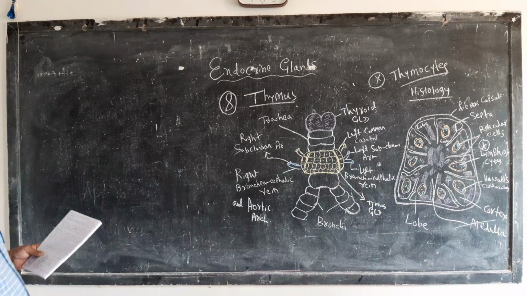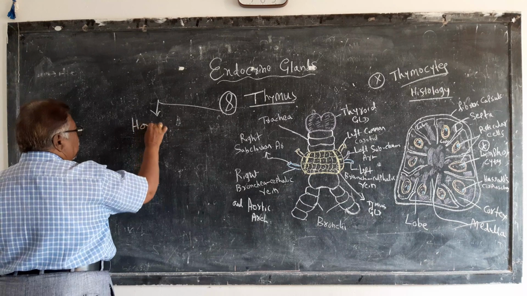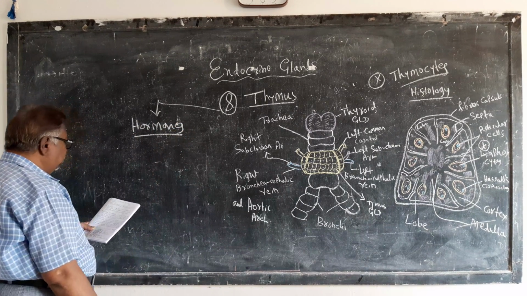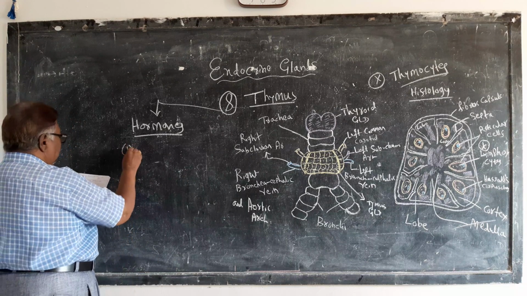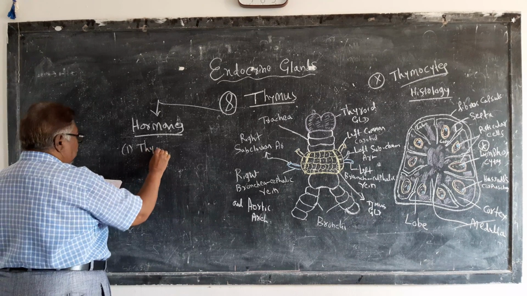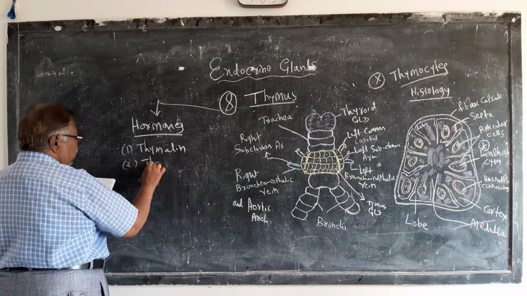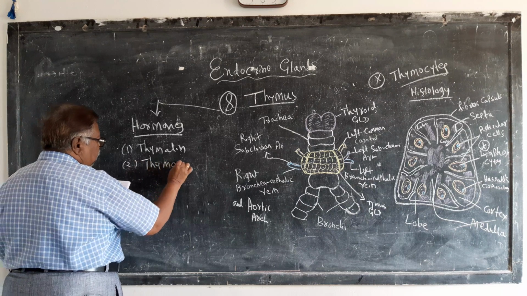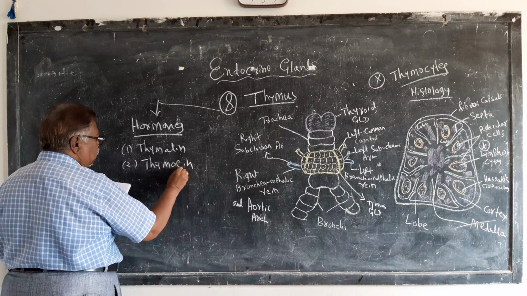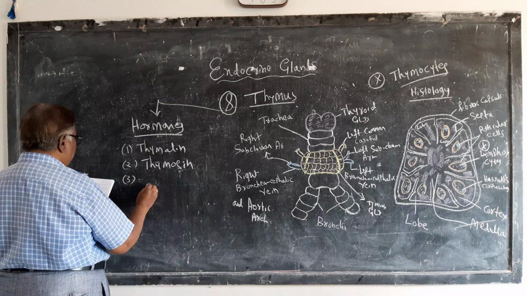The hormones of the thymus gland are number 1 thymosin, number 2 thymosin, number 3 is thymopoietin.